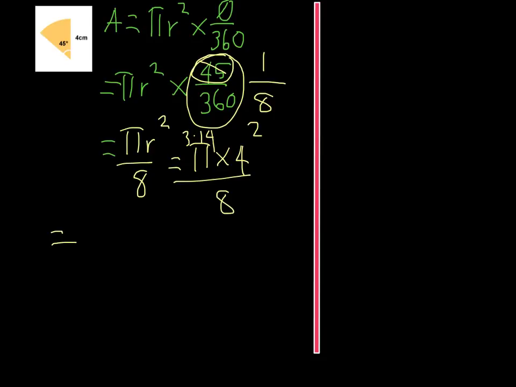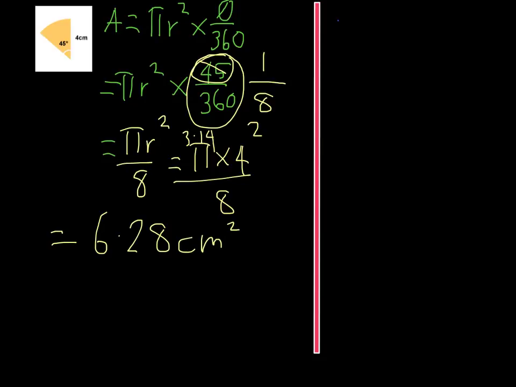If I do 3.14 times 4 times 4 again, and then divide it by 8, it is going to be equal to 6.28 centimeters squared.